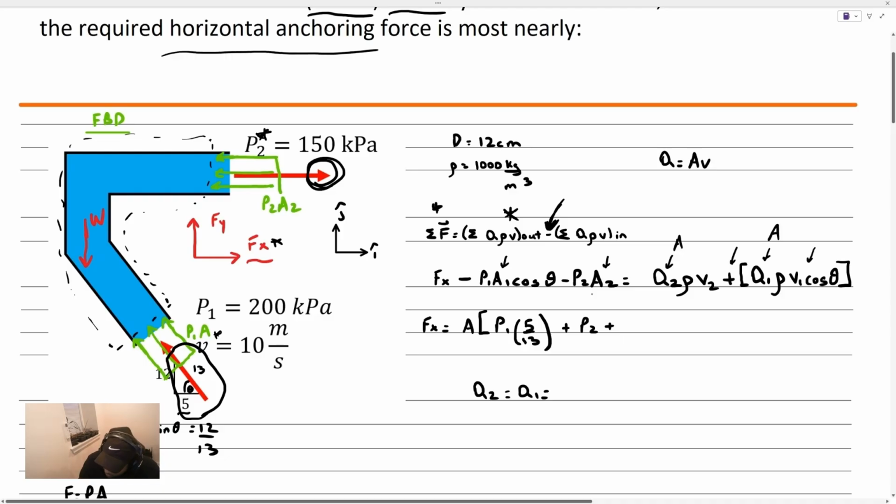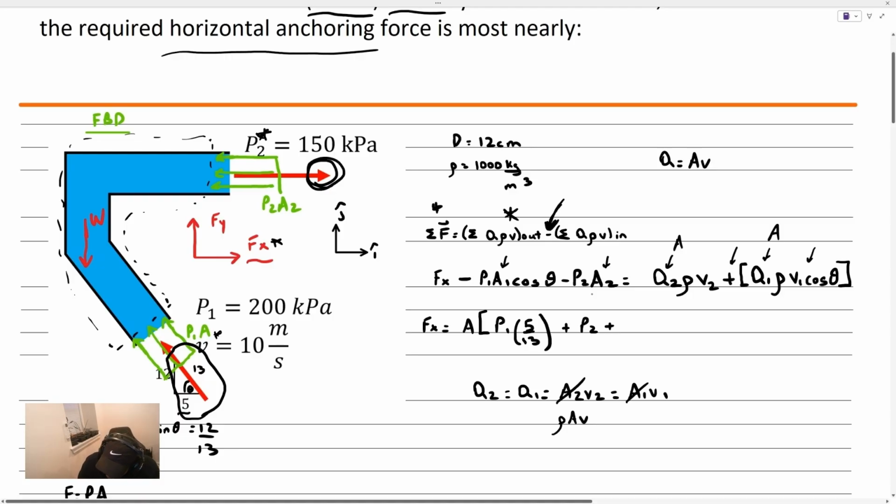That's from conservation of mass. We know they're equal to A2 V2, which is equal to A1 V1. Now A2 and A1 are exactly the same. That means V2 and V1 are the same. We didn't use mass flow rate here because we're dealing with the liquid system, and in a liquid system, the density is going to be constant. Instead of looking at rho AV, we just looked at the volumetric flow rate, which is AV.